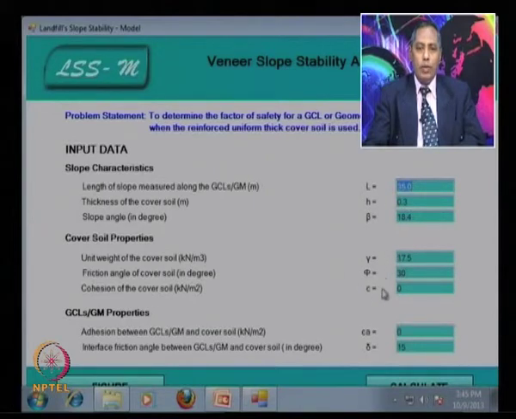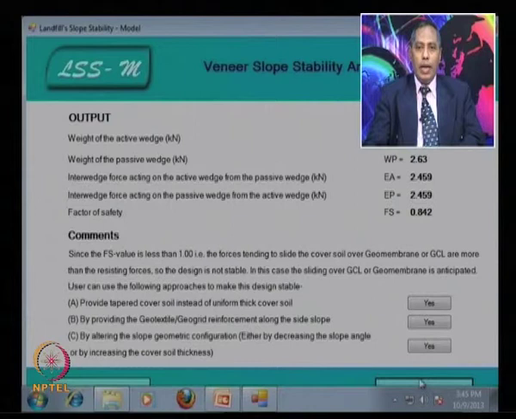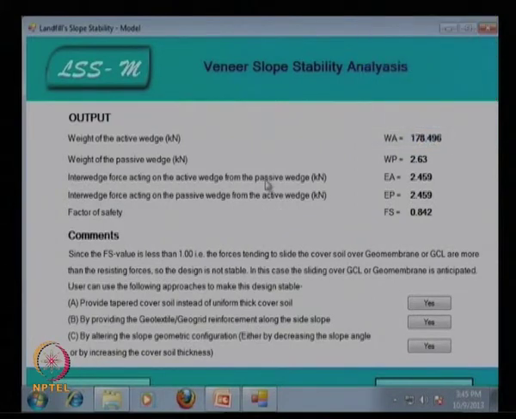Also the soil cover property: gamma is 17.5, phi is 30 degree, C is 0, and for the geotextile geomembrane property, adhesion value is 0, and the interface friction between GCL and geomembrane soil is 35. So, you can calculate and get the output, and you find here the factor of safety value is 0.642.